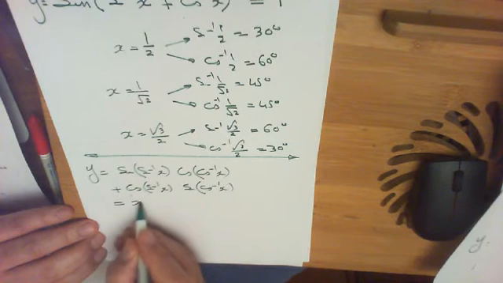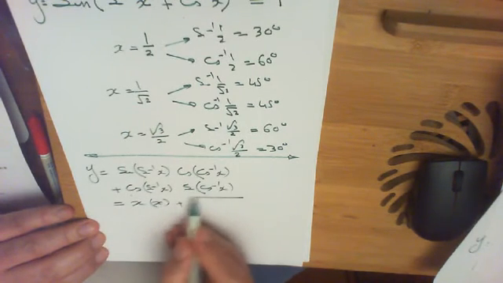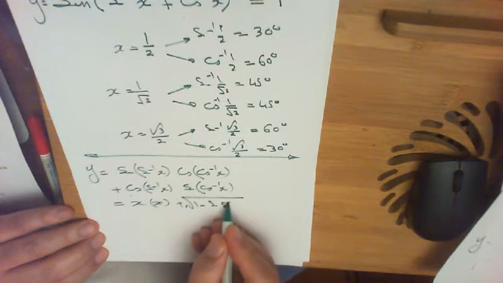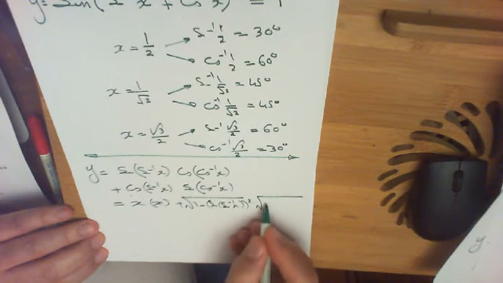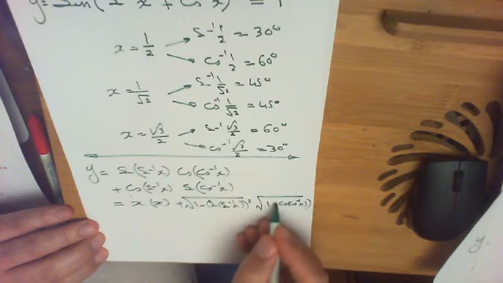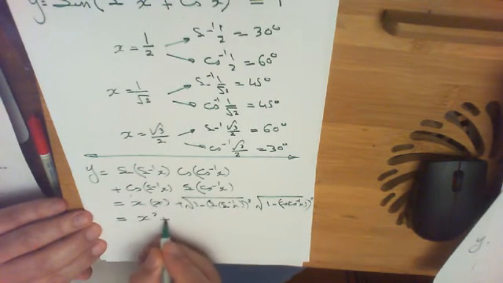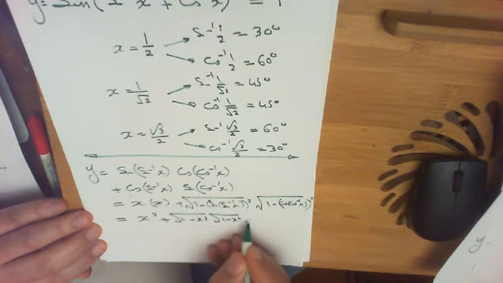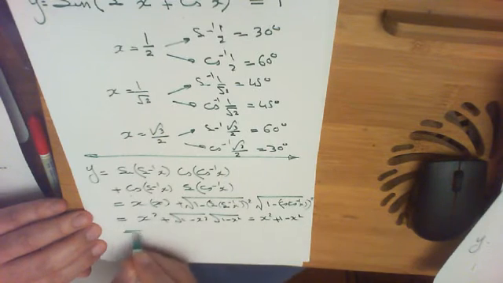So we have x squared plus 1 minus x squared, which is 1.